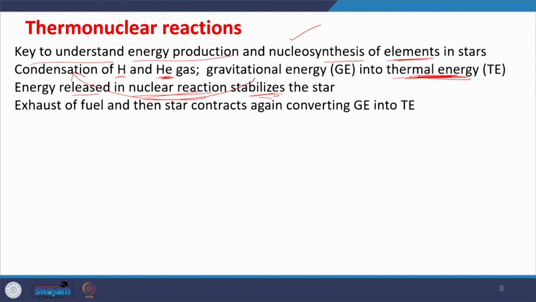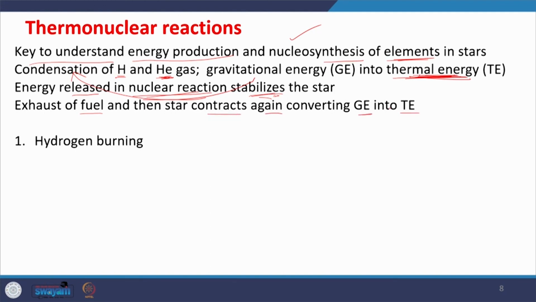Because of the amount of chemical composition available, the exhaust of fuel happens, and then the contraction of the star happens again, converting gravitational energy into thermal energy.